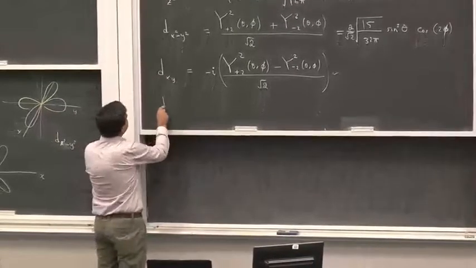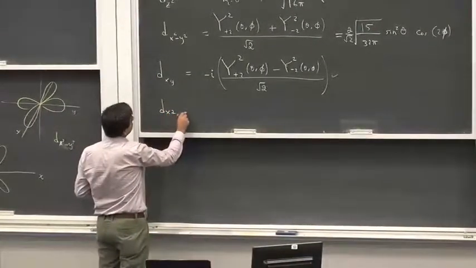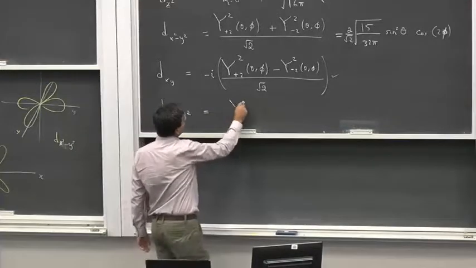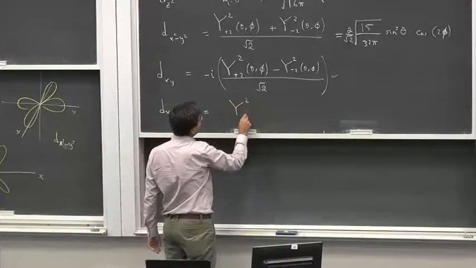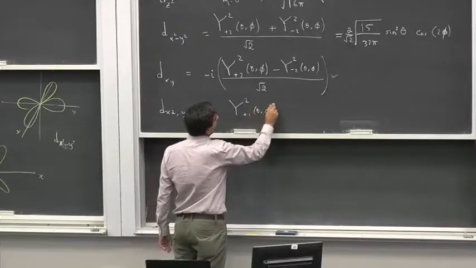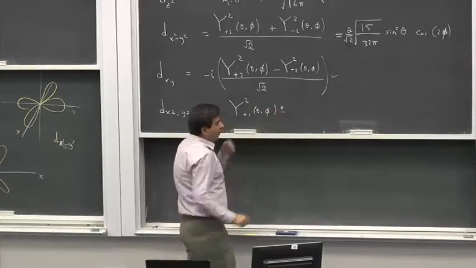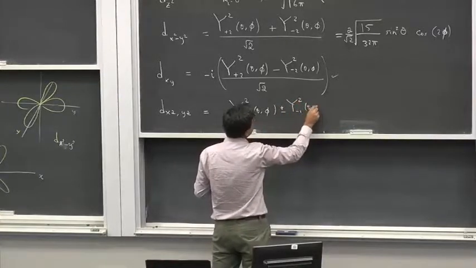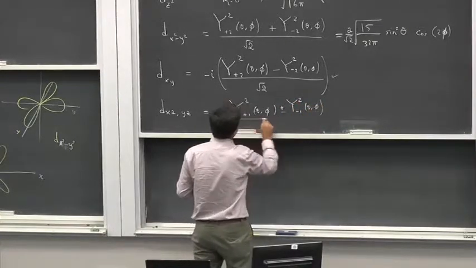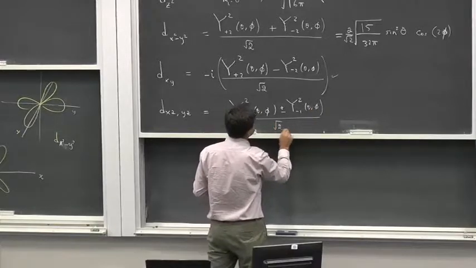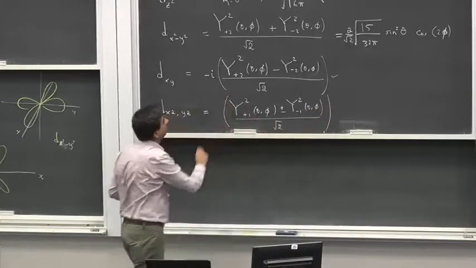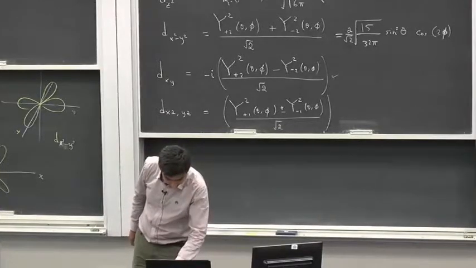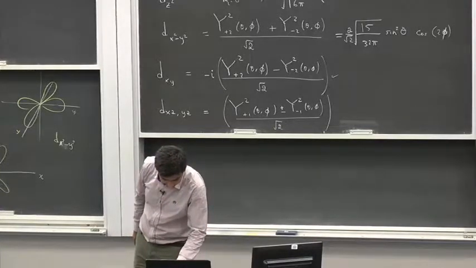Likewise, my dxz and my dyz will be given by superpositions of 2 plus 1 theta phi plus minus 2 minus 1 theta phi over under root 2, okay, with the appropriate factor.